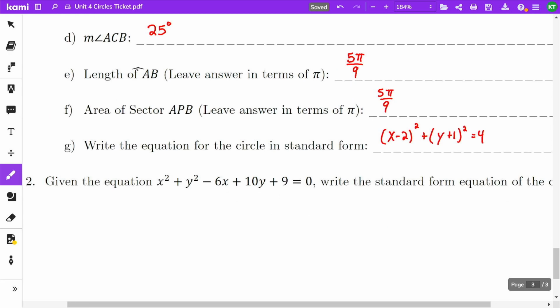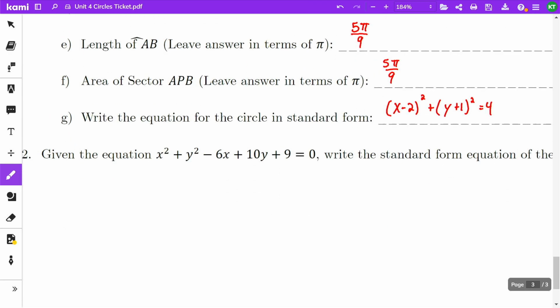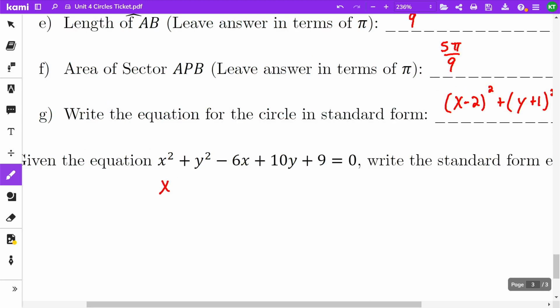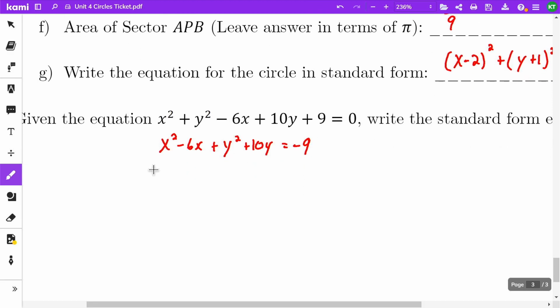And again, lastly, we're going to end things off here with completing the square to get my circle equation. So I'm going to organize things here as x squared minus 6x plus y squared plus 10y equals negative 9. And then I'll have x minus 3 squared minus 9 plus y plus 5 squared minus 25 equals negative 9.